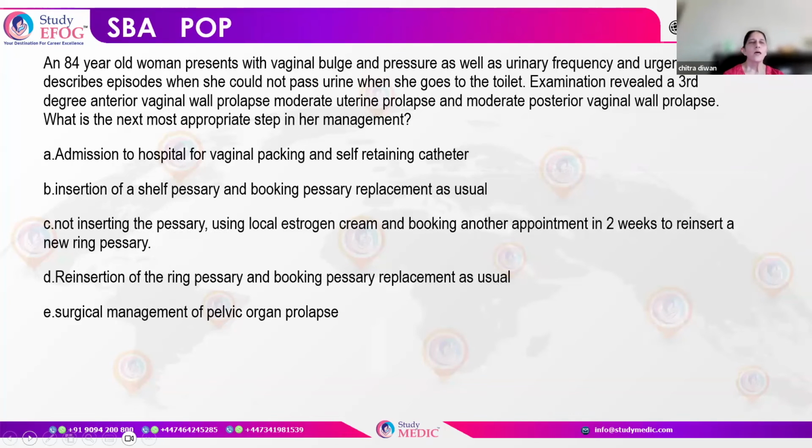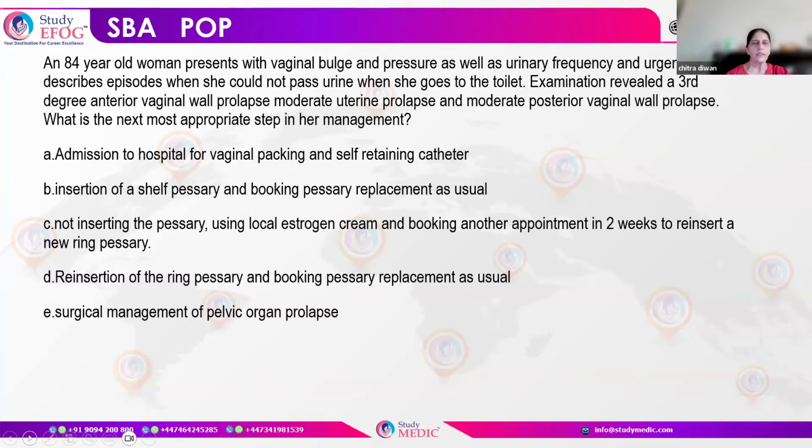Now you have this 84-year-old woman. She presents with a vaginal bulge and she has urinary frequency and urgency. She describes episodes when she could not pass urine when she goes to the toilet, maybe because of the cystocele. Examination revealed anterior vaginal wall prolapse, moderate uterine prolapse, and moderate posterior vaginal wall prolapse.